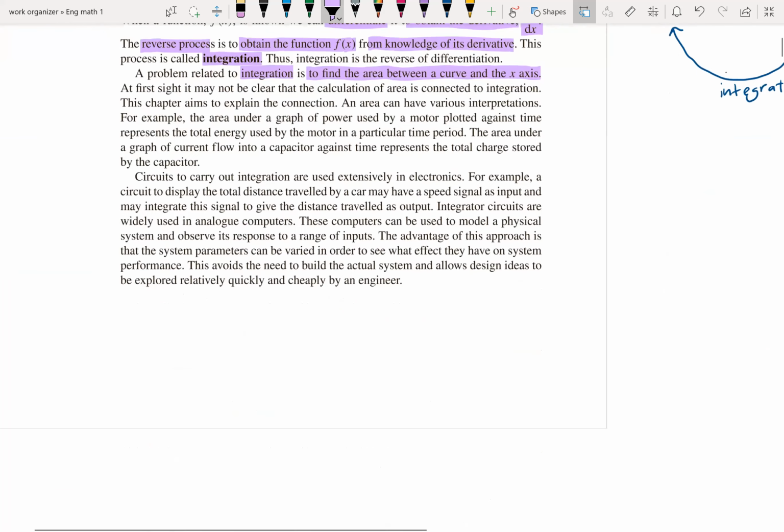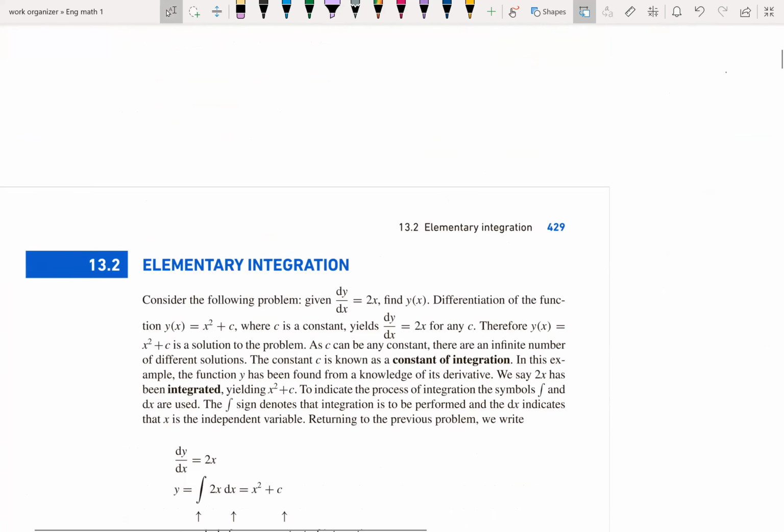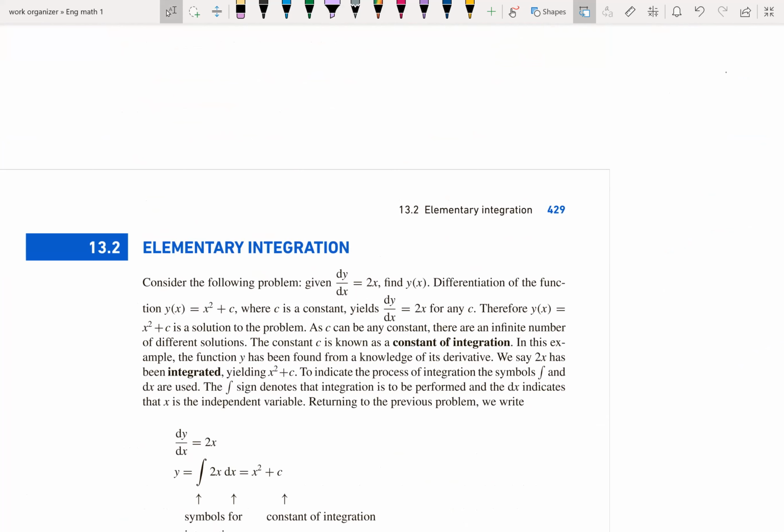Next we go to elementary integration. Let's say we are given dy over dx equal to 2x, and we have to find y of x.